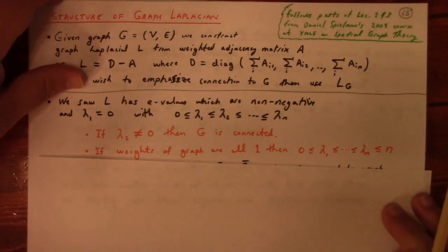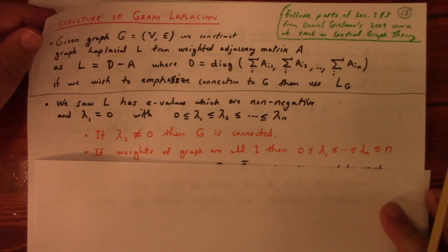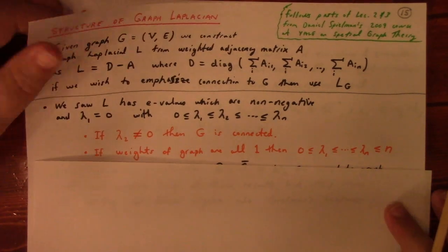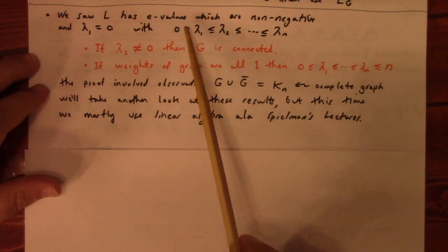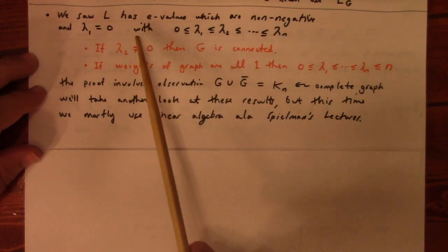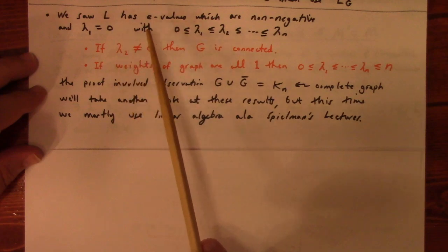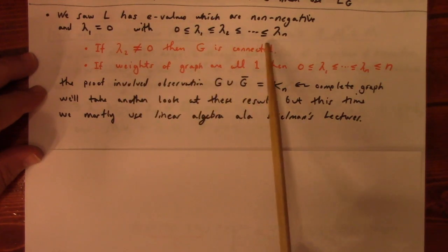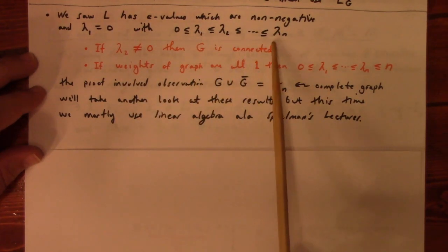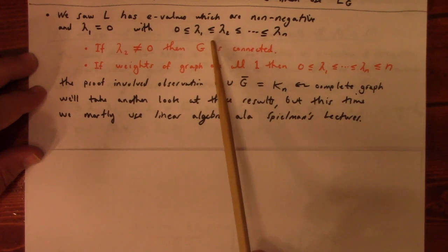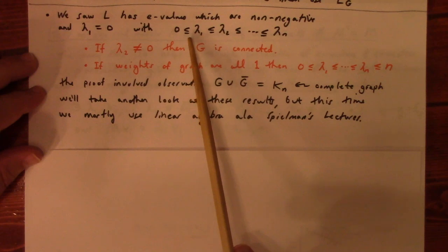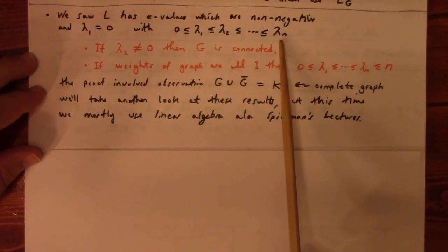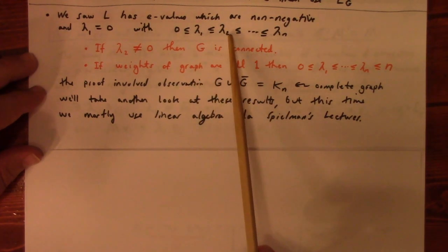So just to recap here, we know that the graph Laplacian has eigenvalues which are non-negative, lambda 1 equal to 0, and we can arrange them like this. The notation we're going to use is that we'll list them lambda 1 to lambda n, but it could be that lambda 1 equals lambda 2 and so forth.